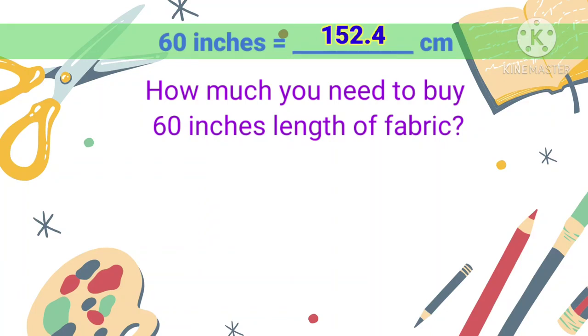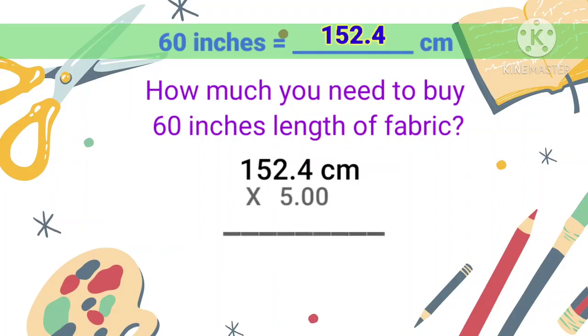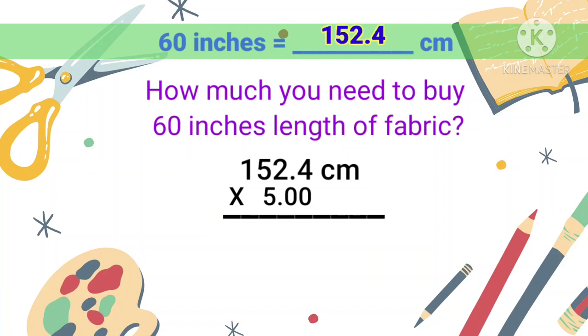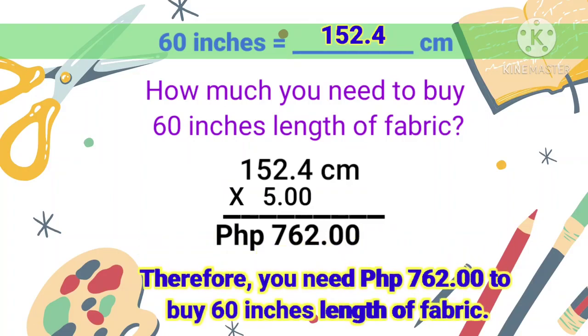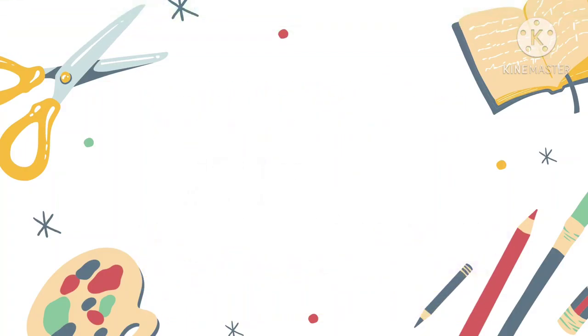Then, 152.4 centimeters multiplied by 5 pesos, the answer is 762 pesos. Therefore, you need 762 pesos to buy 60 inches length of fabric.